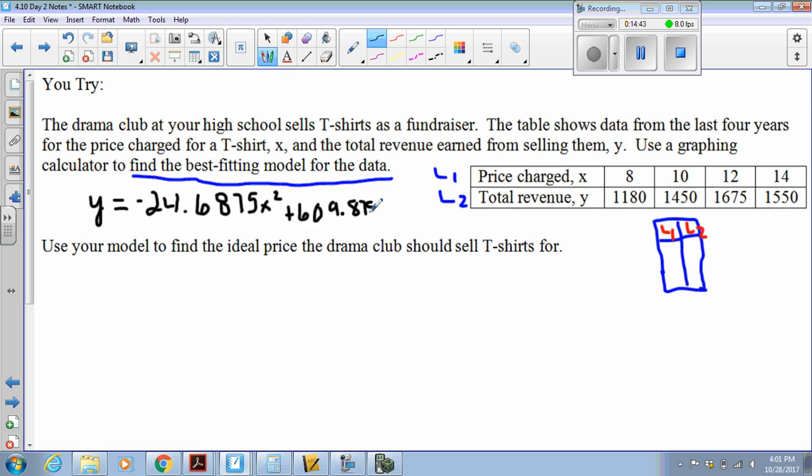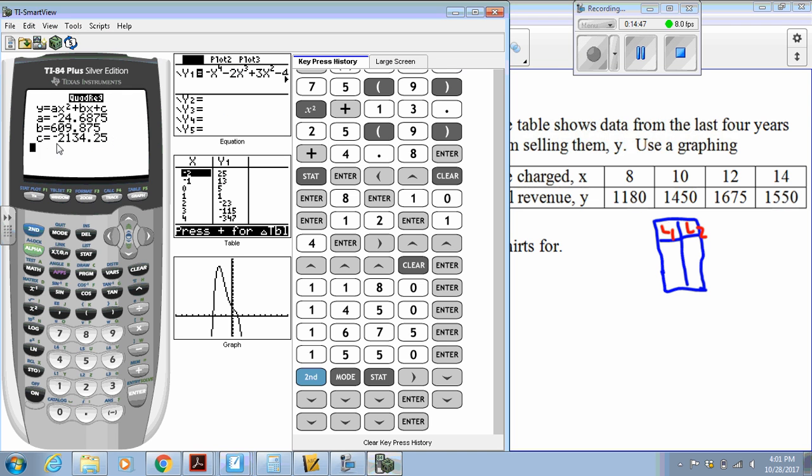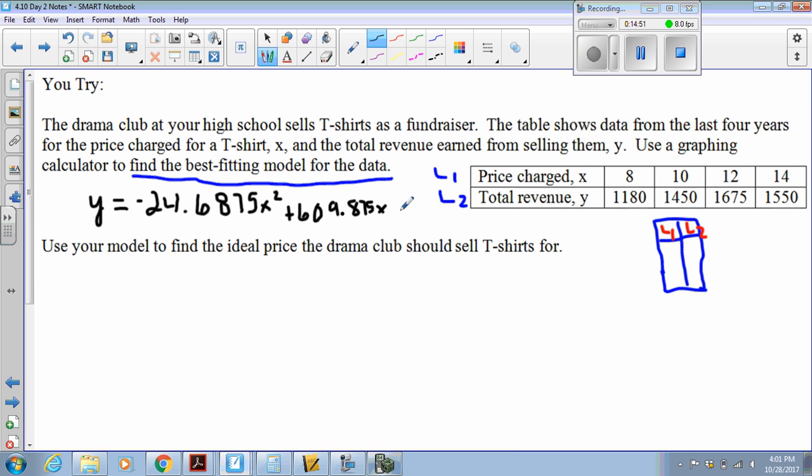And then our C value, which was negative 2,134.25. So we do minus 2,134.25.